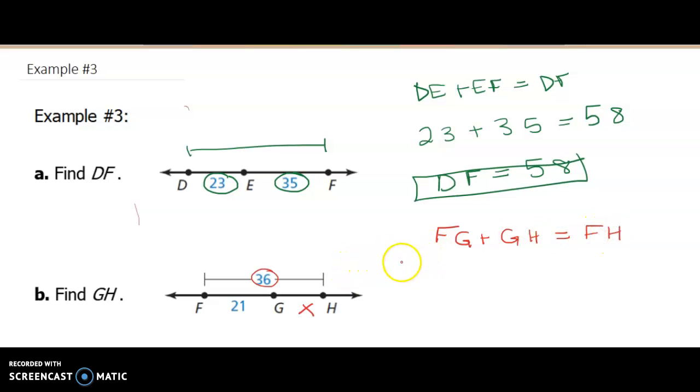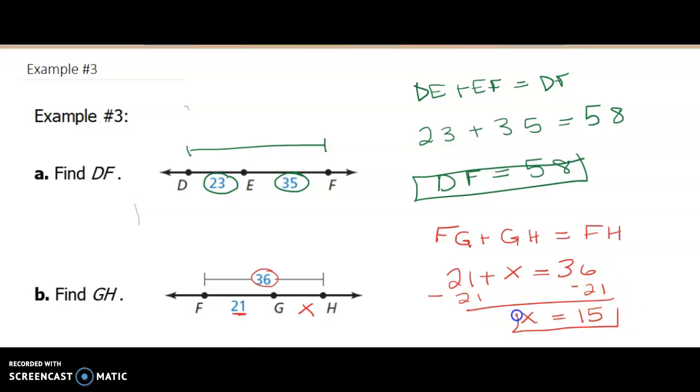Because G is between F and H. So FG, I can see, is 21, plus GH, I don't know what it is, so I labeled it x, is going to equal FH, the whole thing, which equals 36. Subtract 21 from both sides. I get x is 15. So GH equals 15.